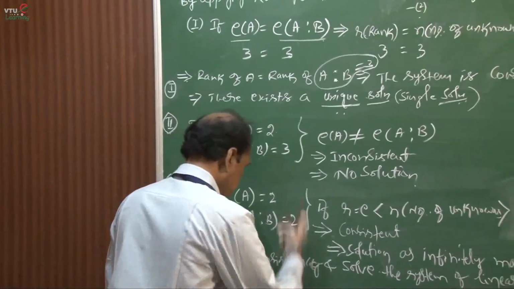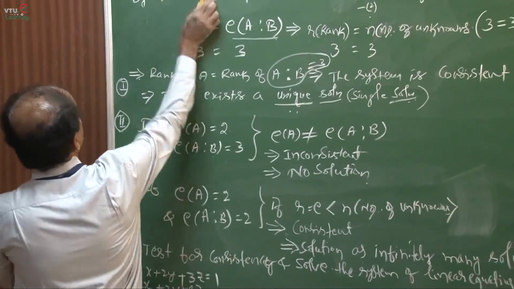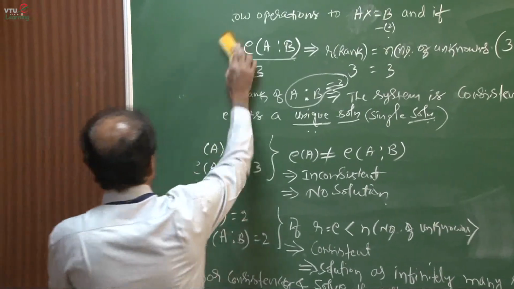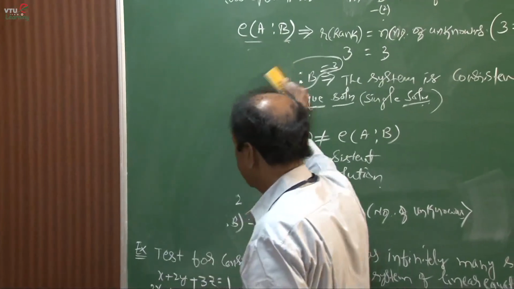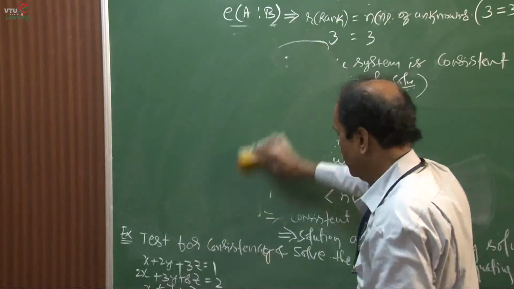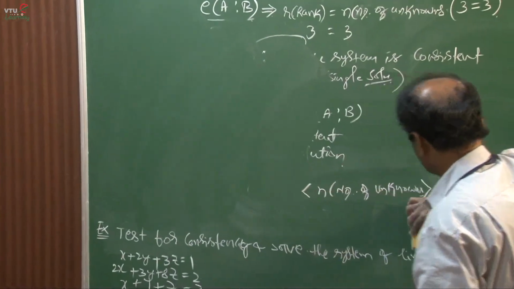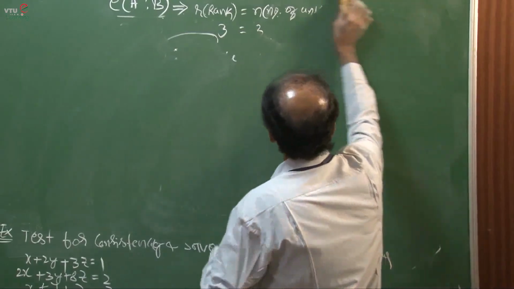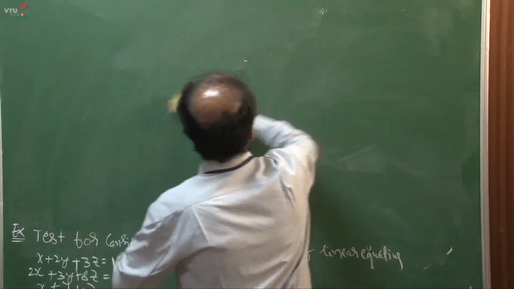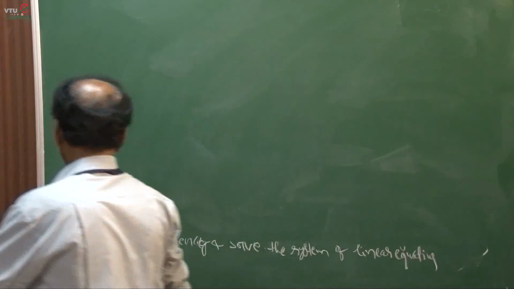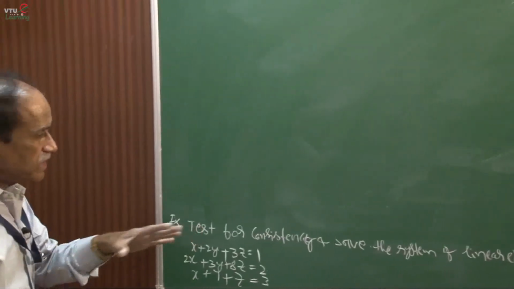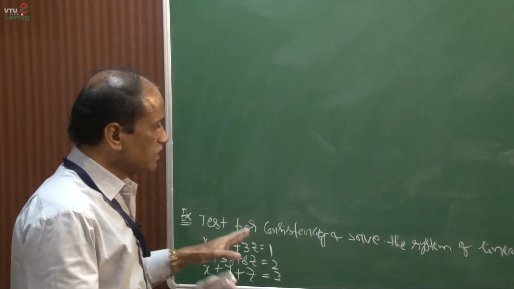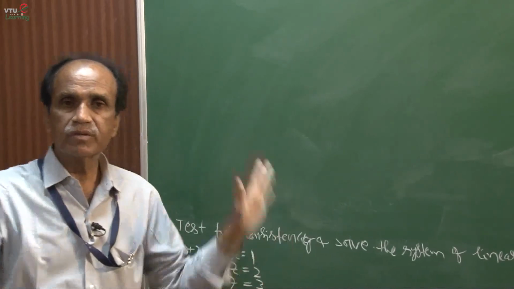So, now I shall start this with the matrix method, and which case among these three cases we just discussed is going to be applied, let us verify. The question is common for all the problems: test for consistency and solve.